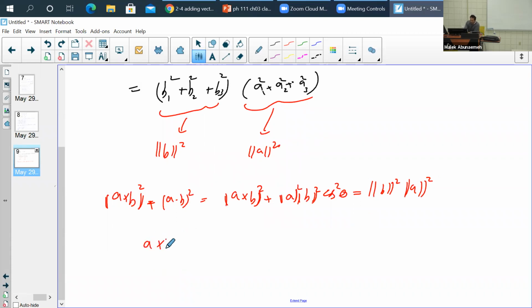So A cross B squared is going to equal the magnitude of B squared times A squared, minus this term over here, A squared B squared cosine squared theta.